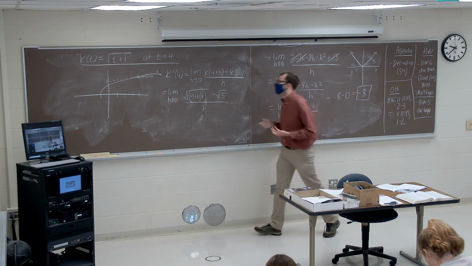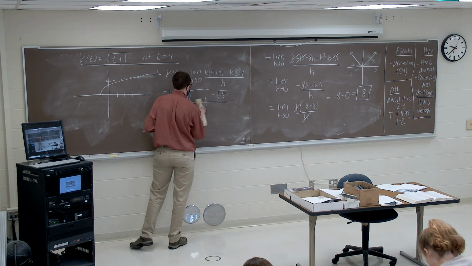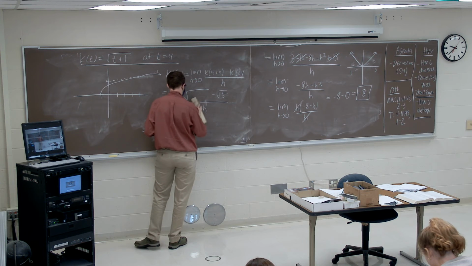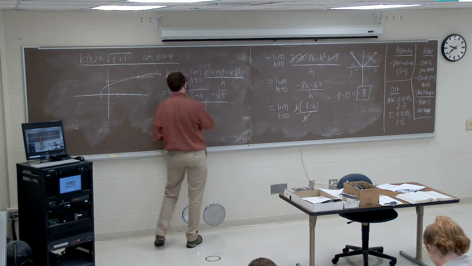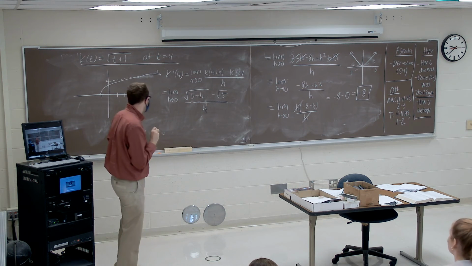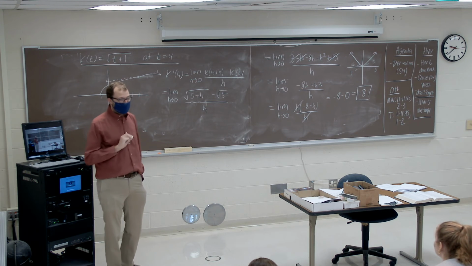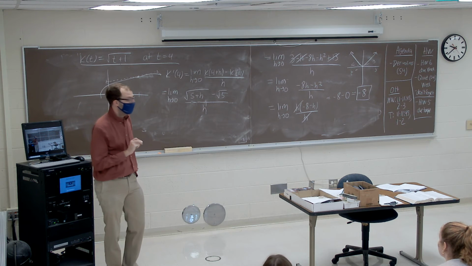And so what we'll end up with, I'm going to go ahead and simplify inside of the square root here, save us a step, we'll end up with square root of 5 plus h minus square root of 5, all divided by h. Neato burrito.